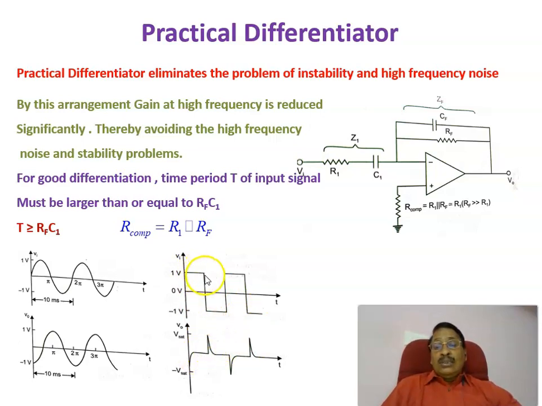Whenever the voltage is changing from some value to another, in this case from minus 1 volt to plus 1 volt, you will get spikes, negative here, positive there, like that. Therefore, this is the input to this differentiator, and the derivative output with an op amp is minus RF into C1 into dVi by dt, that is, spikes.